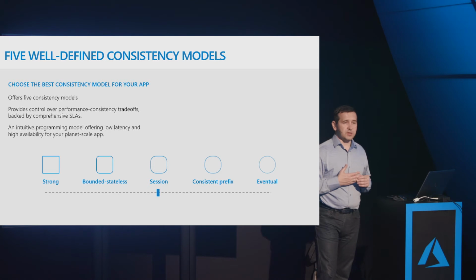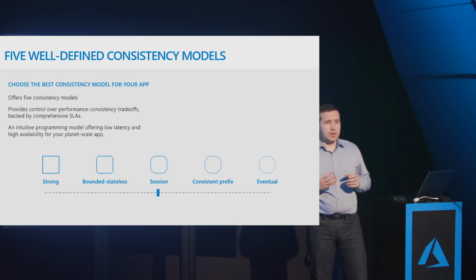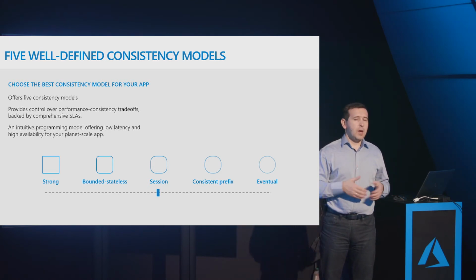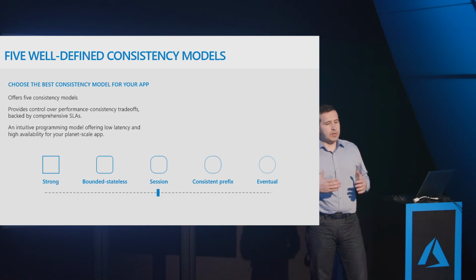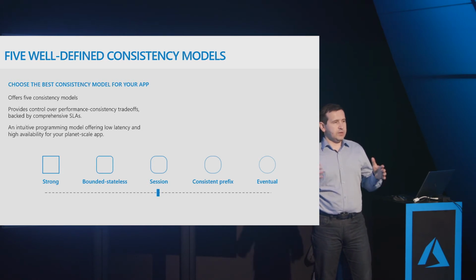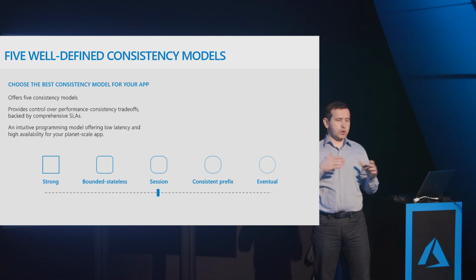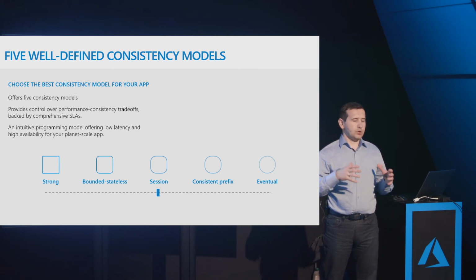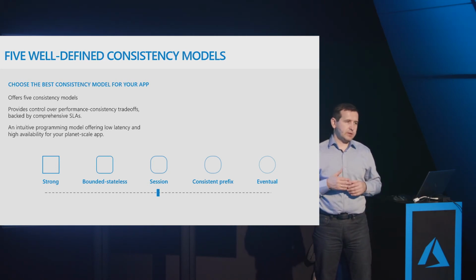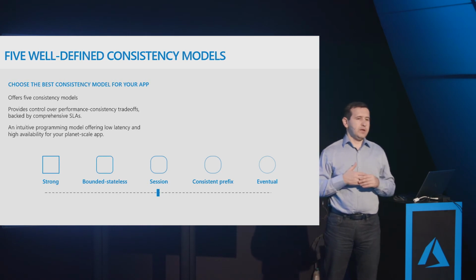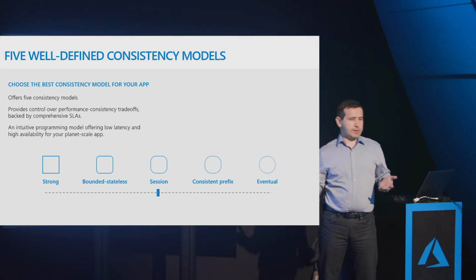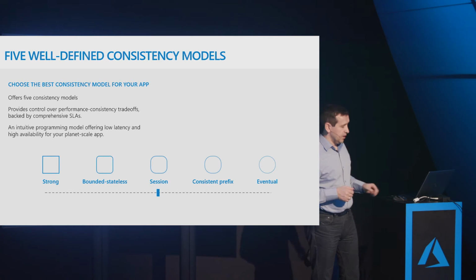Also, we support the consistent prefix consistency model, which is essentially similar to eventual, but at least it gives you the ability to write and read the data in a predefined order. Your reads will never be out of order compared to your writes. With eventual, anything goes, and you can read the data in any particular order whenever it becomes available.